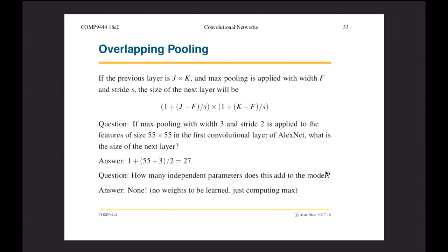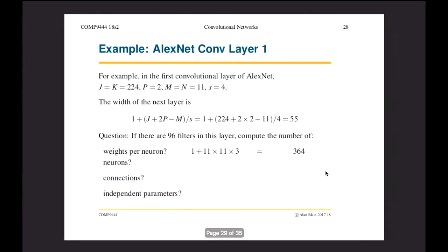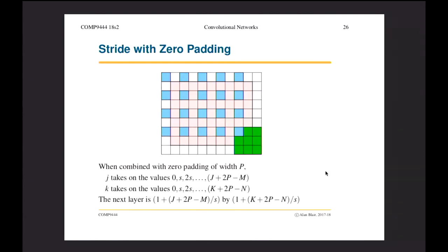The question was if people have tried taking the average or using a Gaussian or something. Well, I'm not sure about that, but it is possible to build a network without any pooling at all and still reduce the size of the layers. If you do this stride thing, there's this kind of architecture called an all convolutional network that doesn't have any pooling. You see what happened here: without any pooling, just because of the stride, the size went down by a factor of 2.